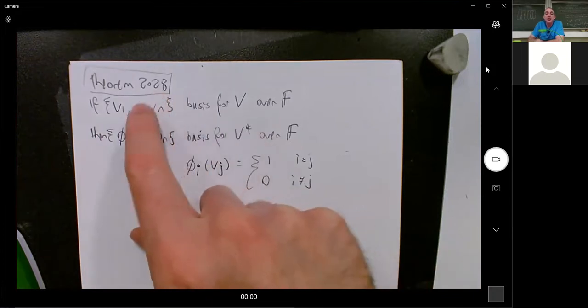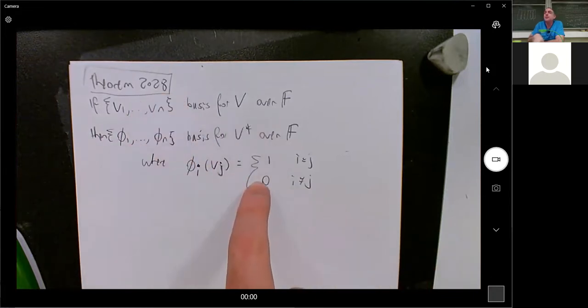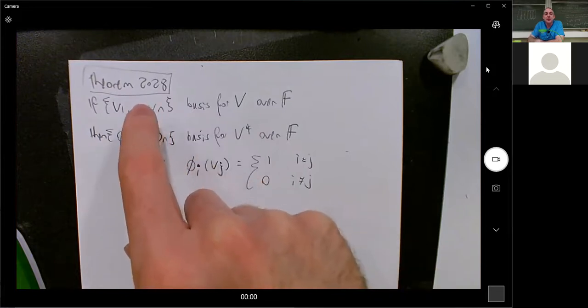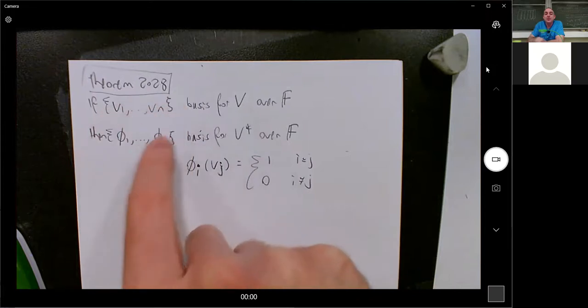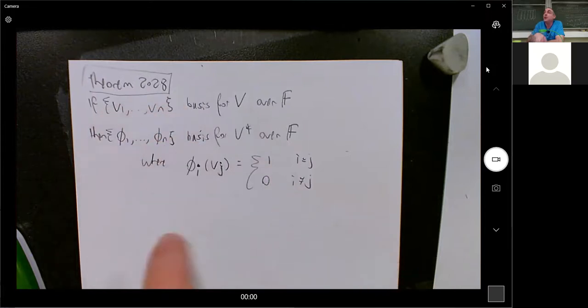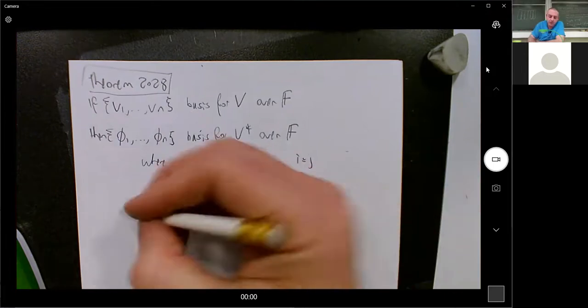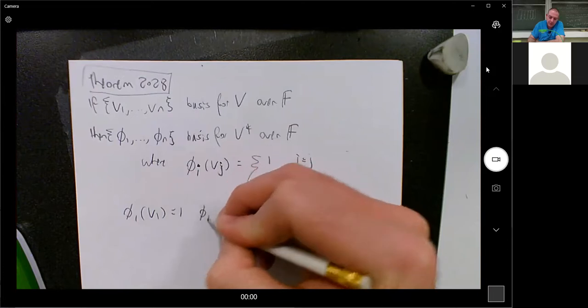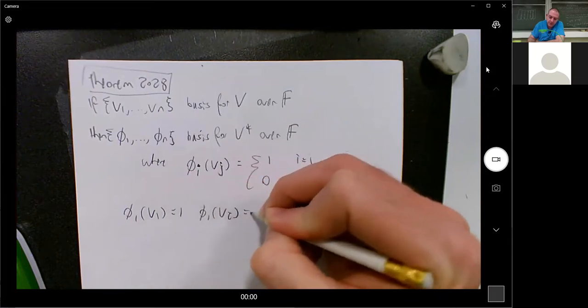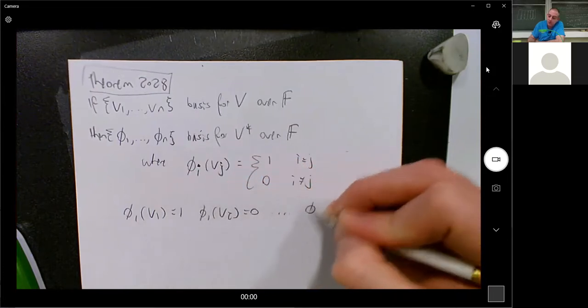But if you put any other basis vector into the first function, you get 0. And when you put the second basis vector into the second function, you get 1. When you put any other basis vector into that function, you get 0. Because the point of these functions is that they produce real numbers when you put the vectors in. So just to be the long version, phi 1 of V1 will be 1, and phi 1 of V2 will be 0, and so on.